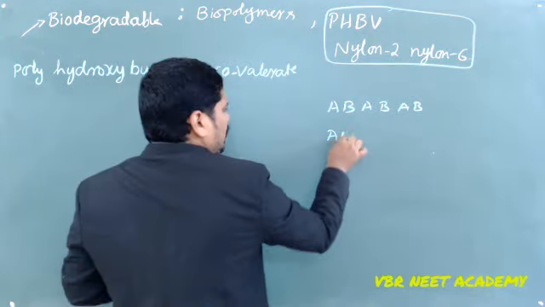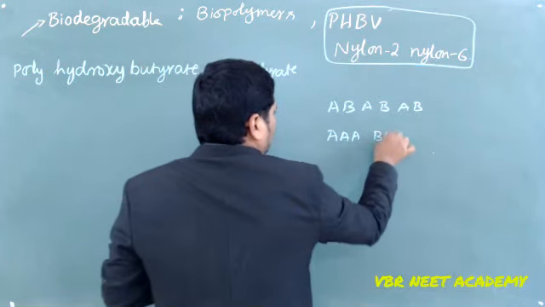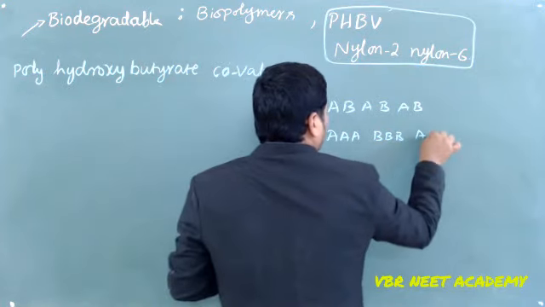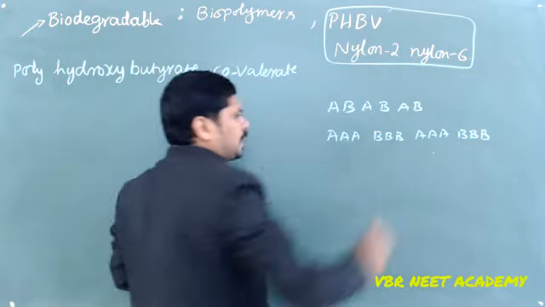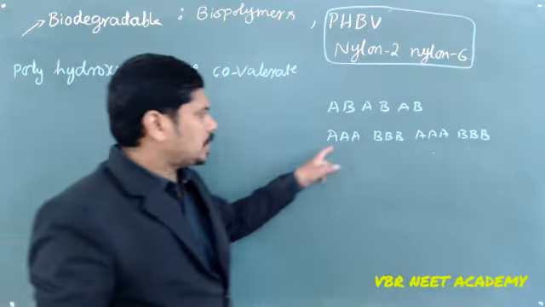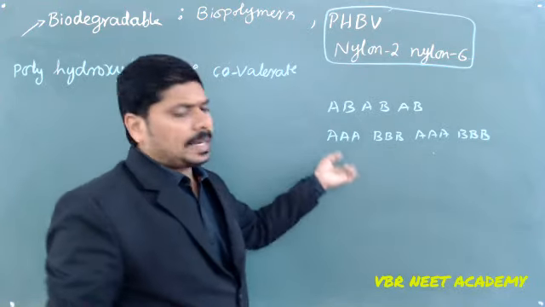If you have AAA, BBB, AAA, BBB, it's called a block copolymer. Similarly, there is the random copolymer.